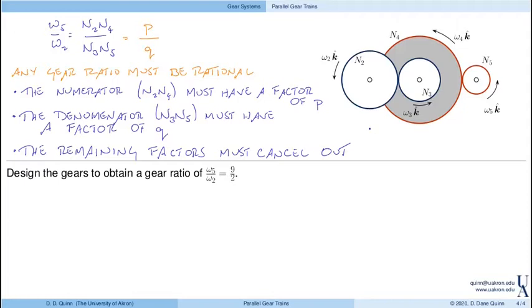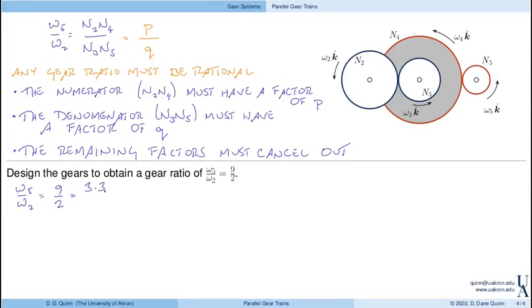So let's see how that works out. Well, in this, I'd like to design this gear train so that we obtain a gear ratio of, say, 9/2. All right, fine. That means that omega 5 divided by omega 2 has to be 9/2. Well, we can factor both the numerator and the denominator.